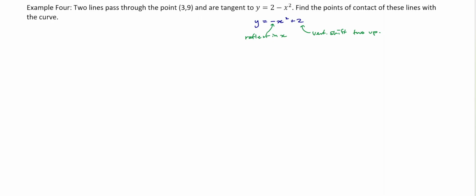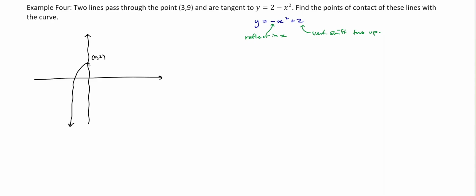Okay, so if I was to just sketch a rough graph of this parabola, I'm going to put an XY axis here. I have my vertex, which is going to be at this point right here, 0, 2, it's been shifted up, and my parabola is opening down.